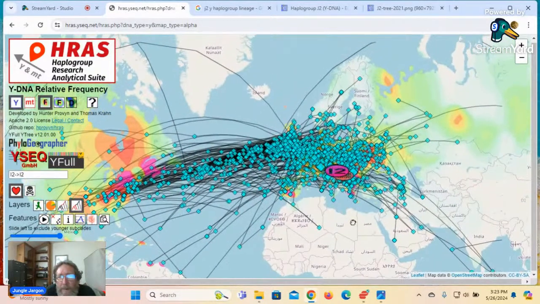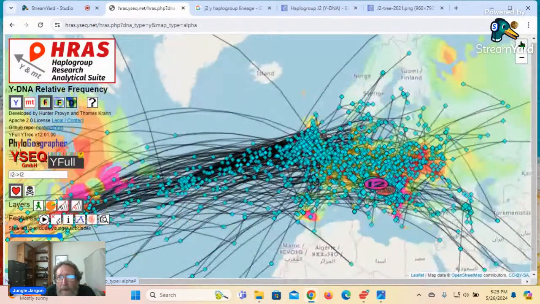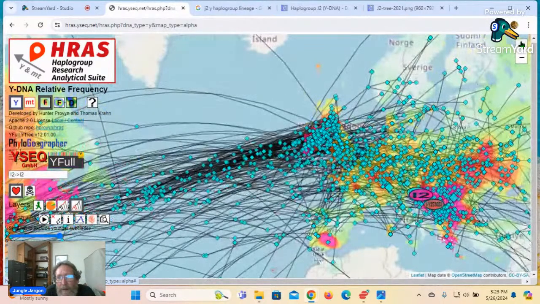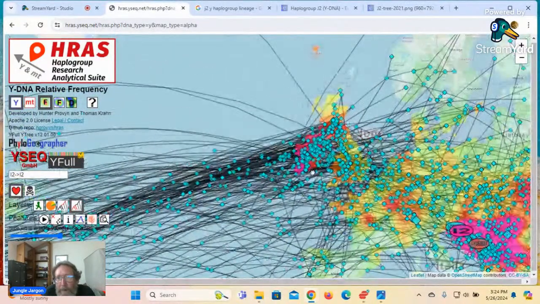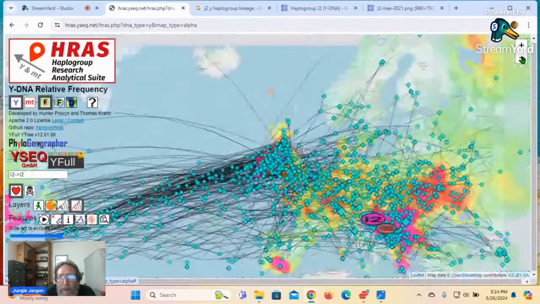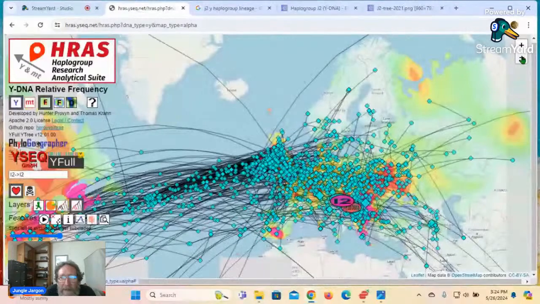I learned something new. We have a large percentage of the I2, which would be the tribe of Asher, in Ireland. Of course, I'm half Irish myself, genetically. My mother is like 99% Irish.